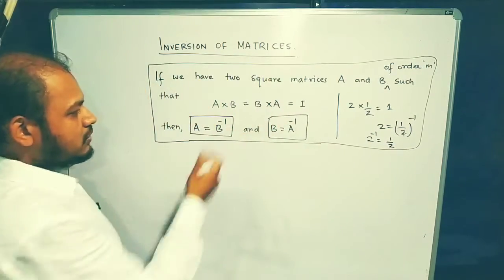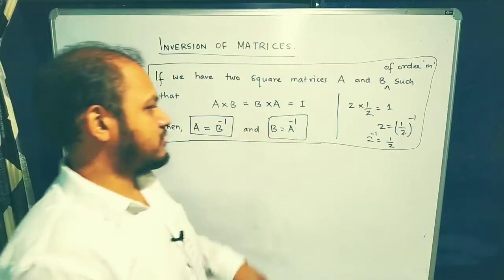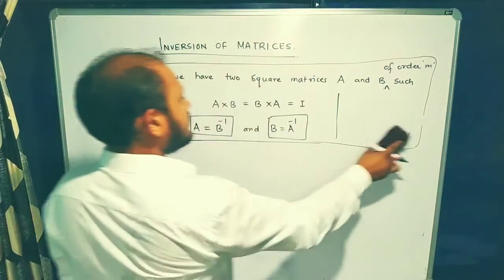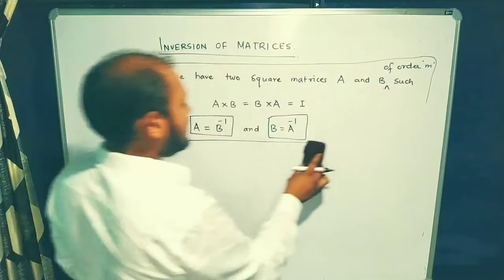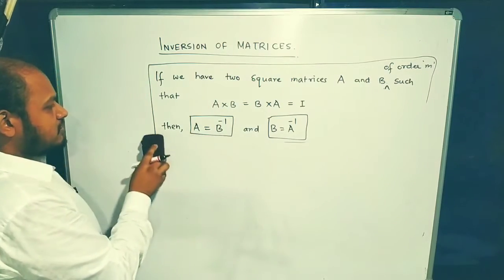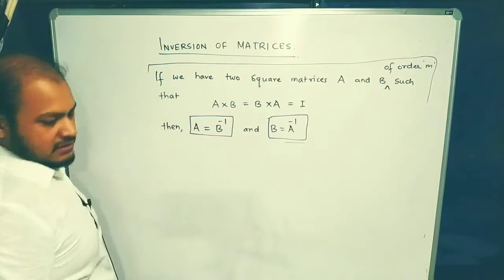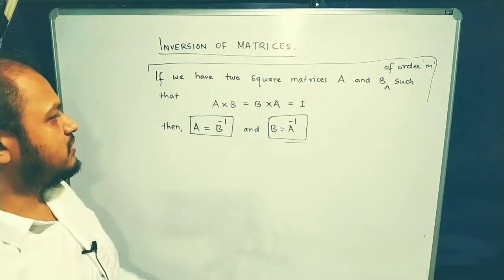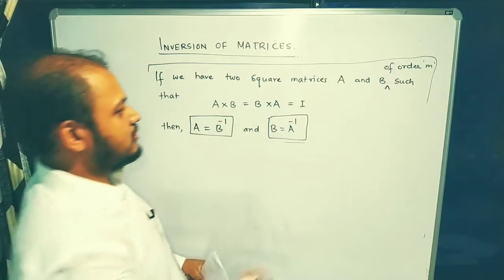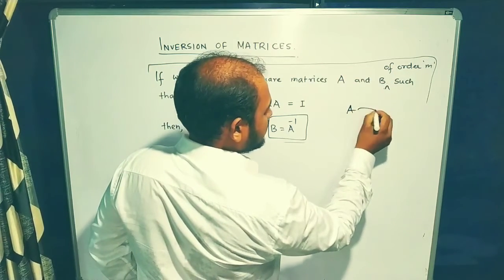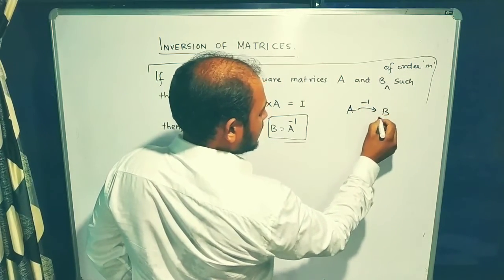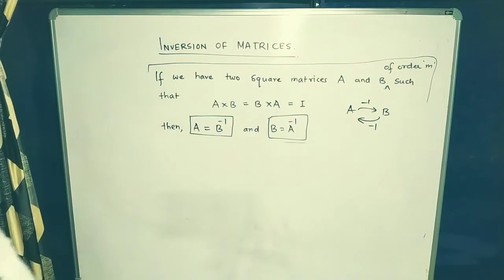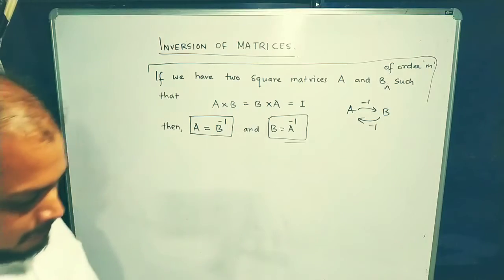In a very similar way, we apply this same phenomenon in matrices. So it must be clear to you what the inverse of a matrix is. A equals B inverse and B equals A inverse. That means if you take the inverse of A, it becomes B, and if you take the inverse of B, it becomes A. So it is the same inversion technique for matrices.